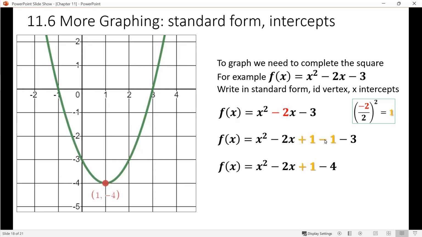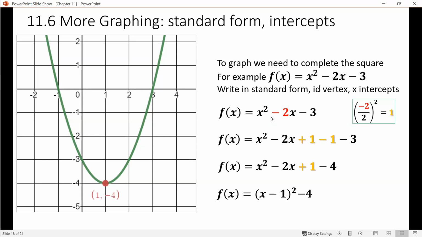So we can combine our last 2 terms, the -1 and the -3. Those are just kind of extras that don't help us factor to a perfect square, so we'll combine them. And then these remaining 3 pieces, the x squared minus 2x plus 1, factors to x minus 1 squared. All right. That factors to x minus 1 squared, and then we've got our -4 here.